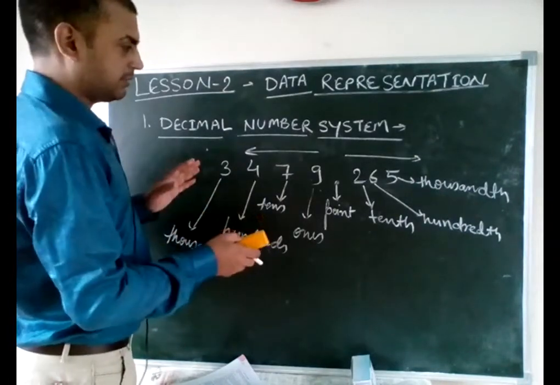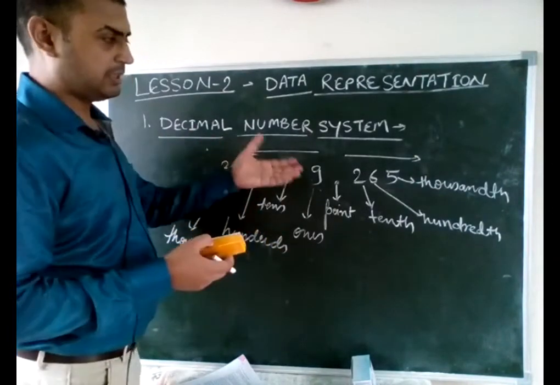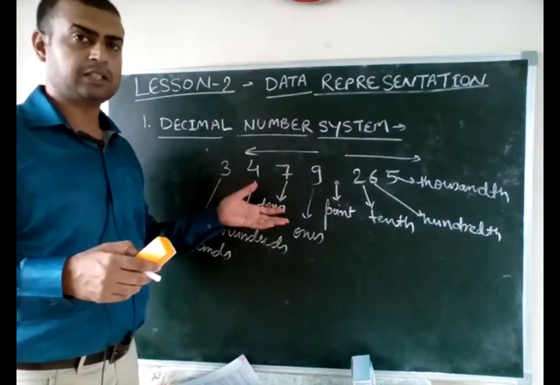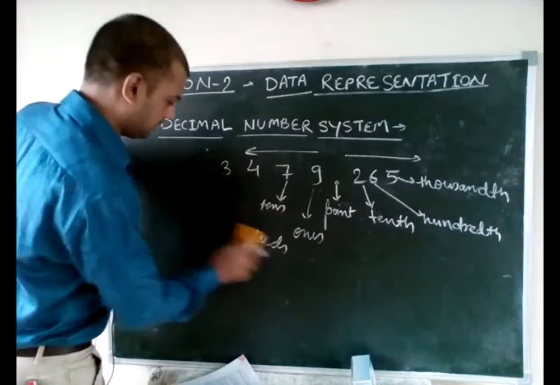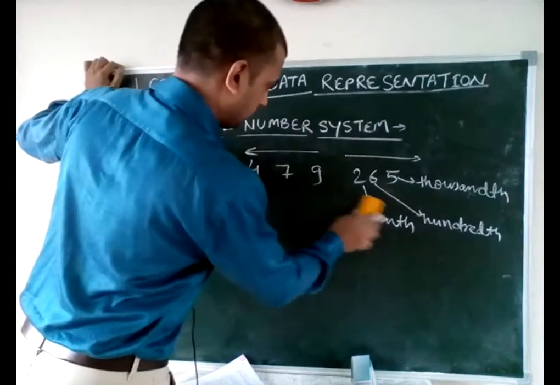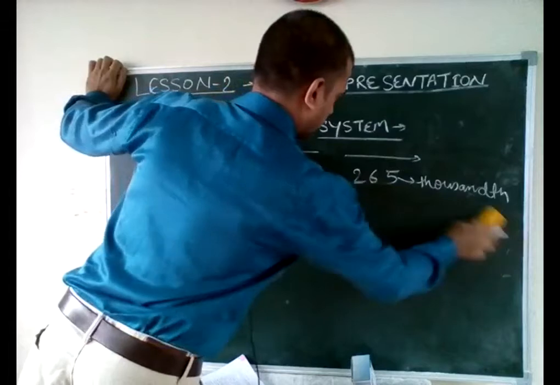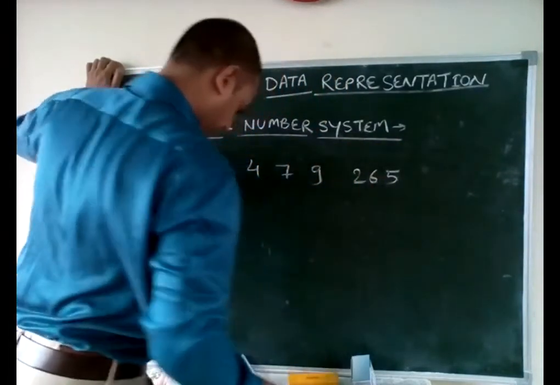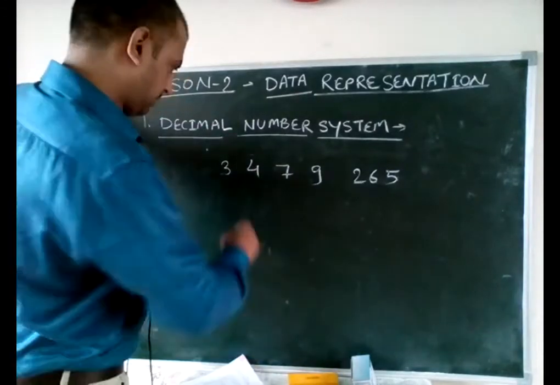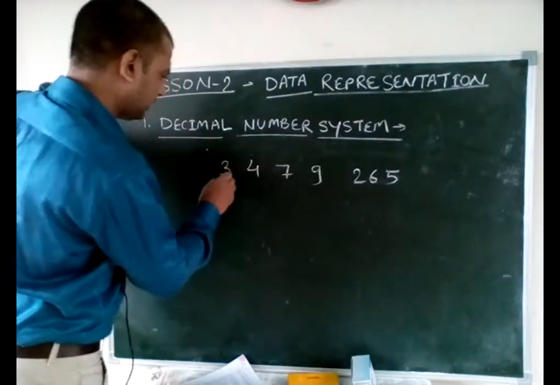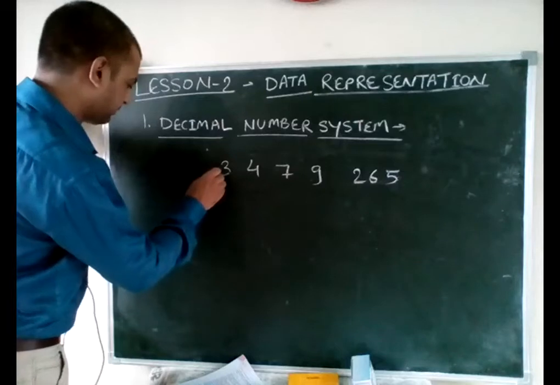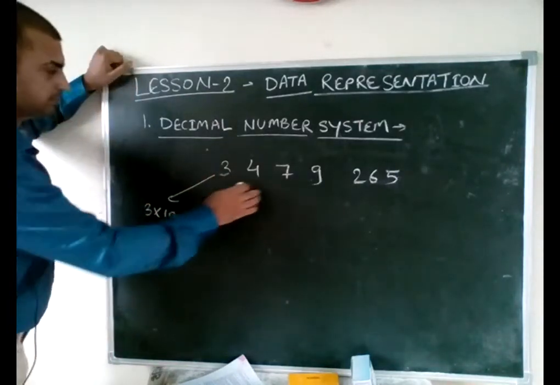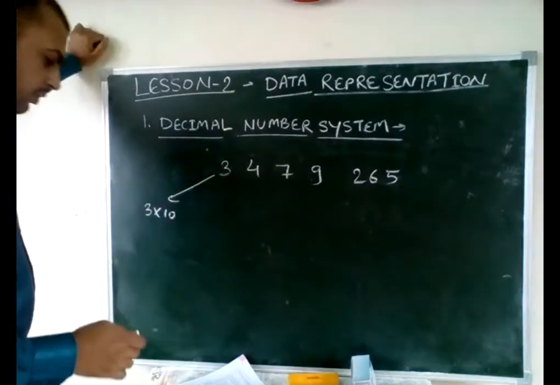Every number system is having a place value. So how we will read this? If we are using it in conversion, then what power we will give to this? So if this is the number, then according to the place value I am writing 3 into 10 to the power, this is at the fourth position.